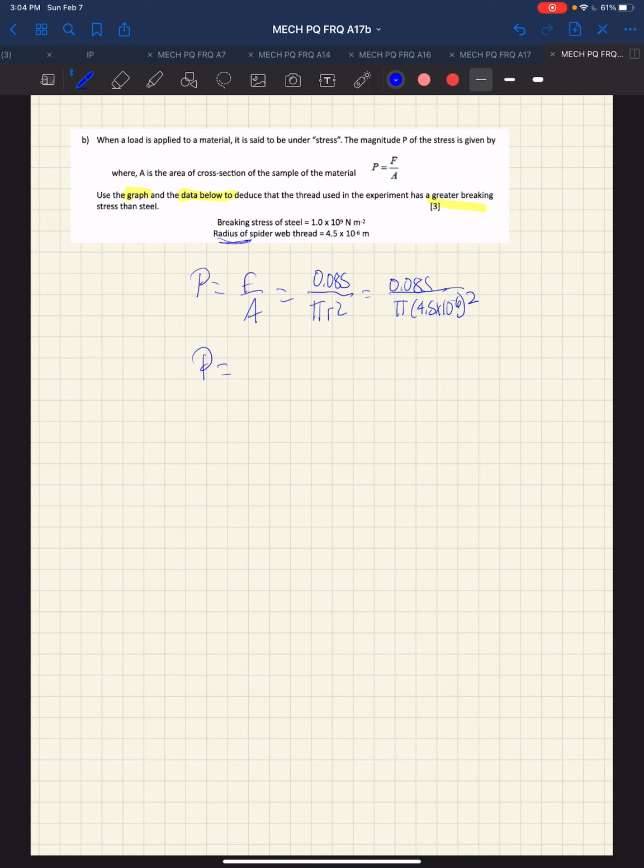0.085 divided by pi times 10 to the minus 6th. And that whole denominator needs to be squared.